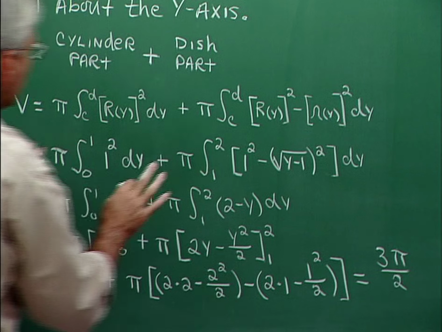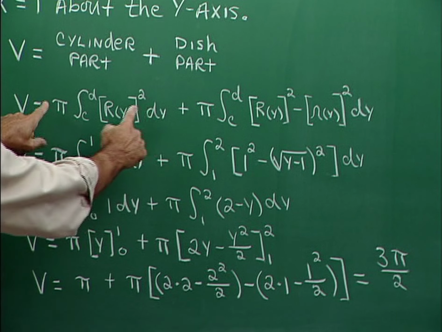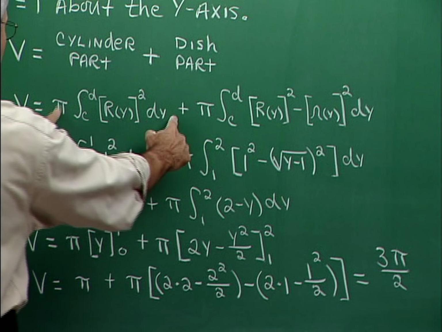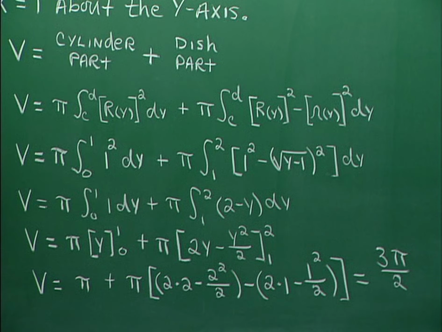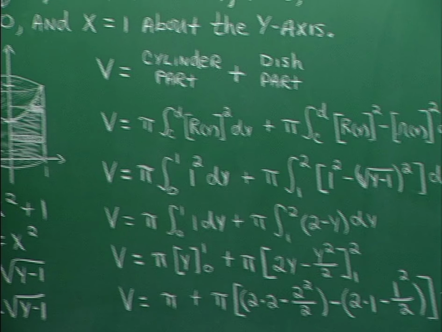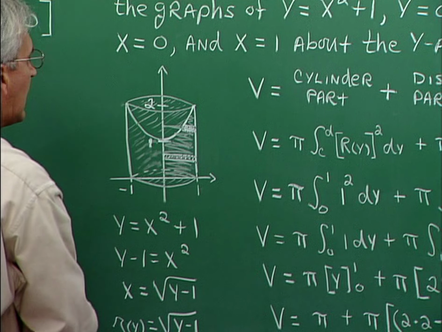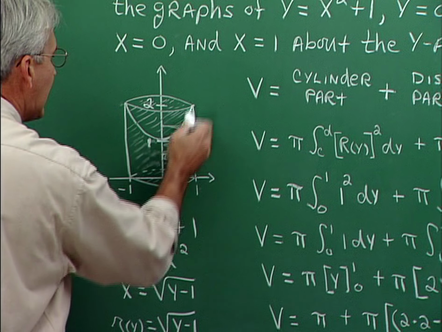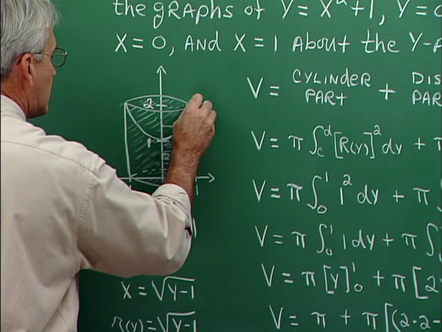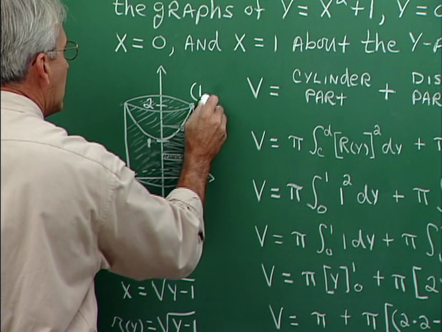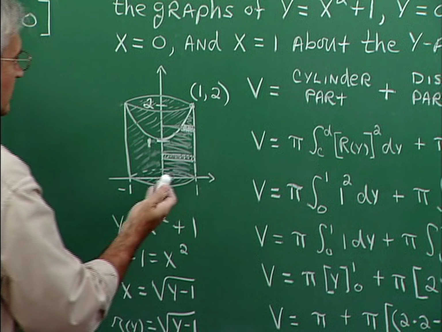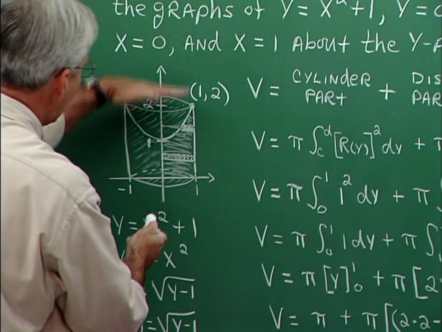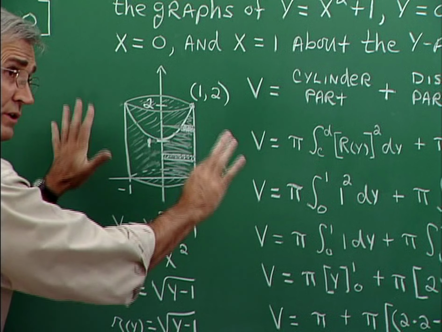All right, so let's fill in the information that we know. Now the interval here, and we probably ought to pay a little attention to our values here. This is 1 and this is 2, it turns out, on our coordinate plane. And the intersection of this x equals 1 and this curve turns out to be at (1, 2). All right, so that's kind of important. So our overall interval here is from 0 to 2, but we're taking it in parts.